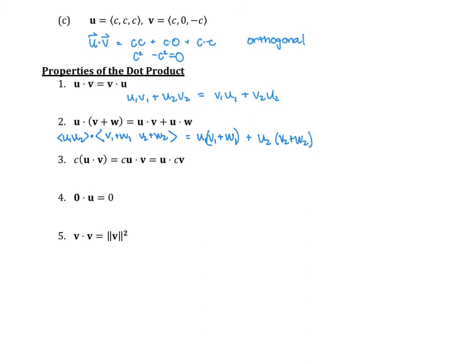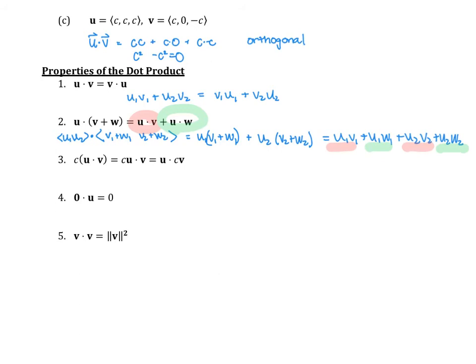And distributing that, we get u1 v1 plus u1 w1 plus u2 v2 plus u2 w2. Okay, u dot v, if we do u dot v, would be this term with this term. And if we do u dot w, it would be this term with this term. So the dot product has that property as well.